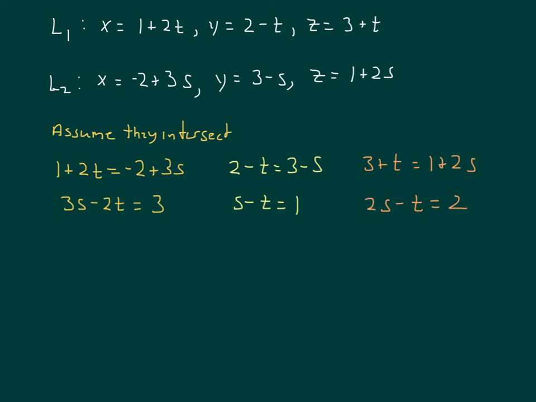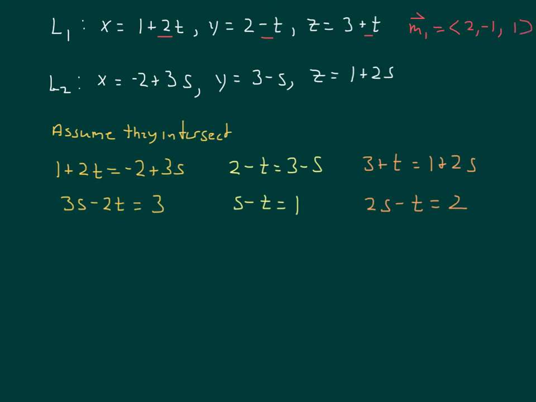What you're really going to do is look at the slope vectors. Remember, the slope vectors are formed by the coefficients on the parameter. So in line 1, our parameter is t. And so our slope vector is going to, the coefficients there are 2, in this case -1, and here 1. So my slope vector here for line 1 is the vector 2, -1, 1.